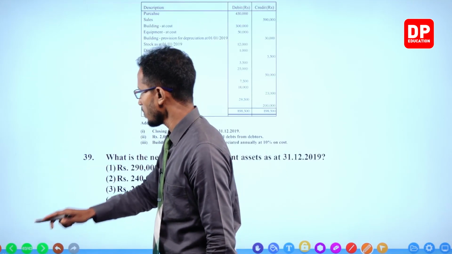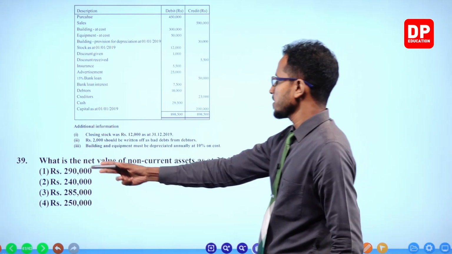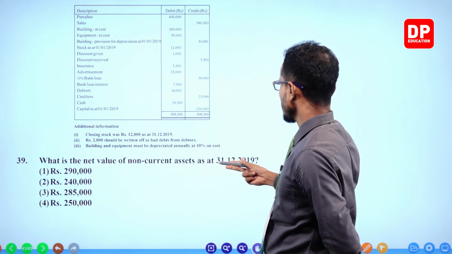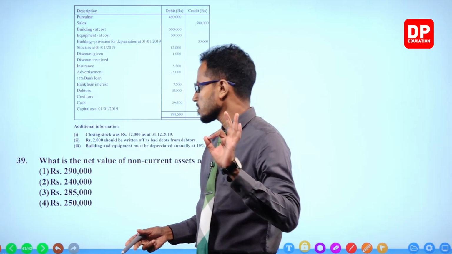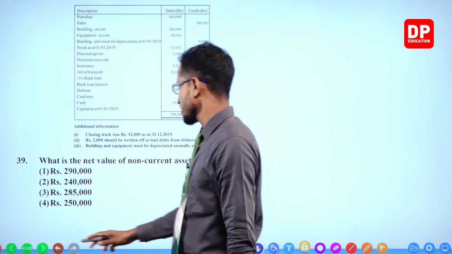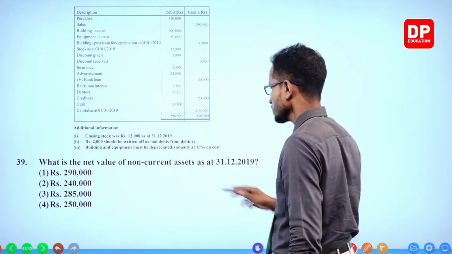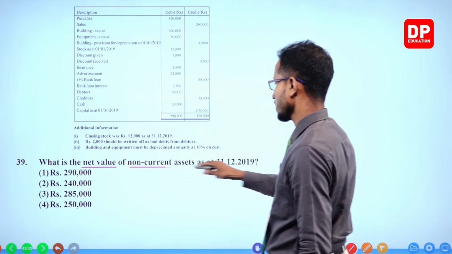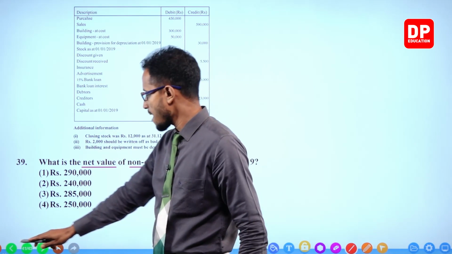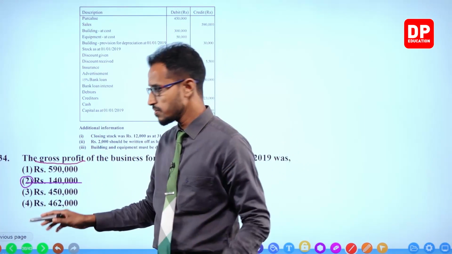Last question, no, 39, is what is the net value of non-current assets? Take the total non-current assets and subtract the total depreciation, and you get net value. I'm always going back to the original slide because I have done my workings there.